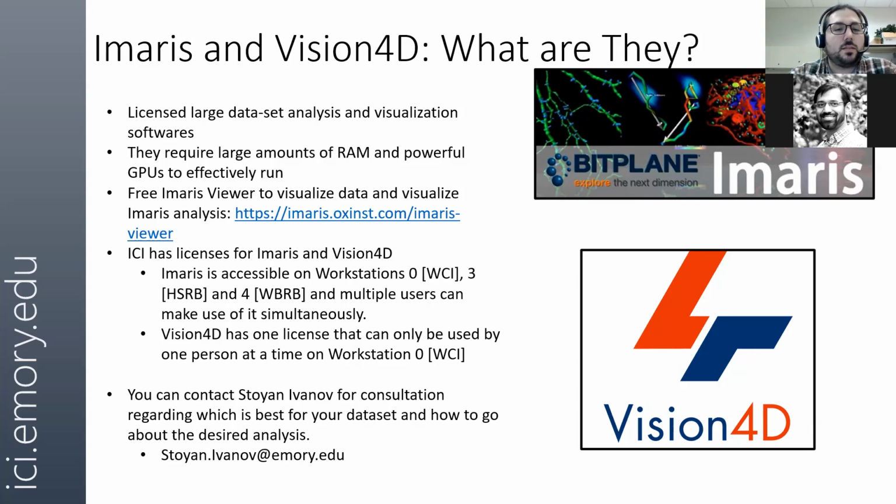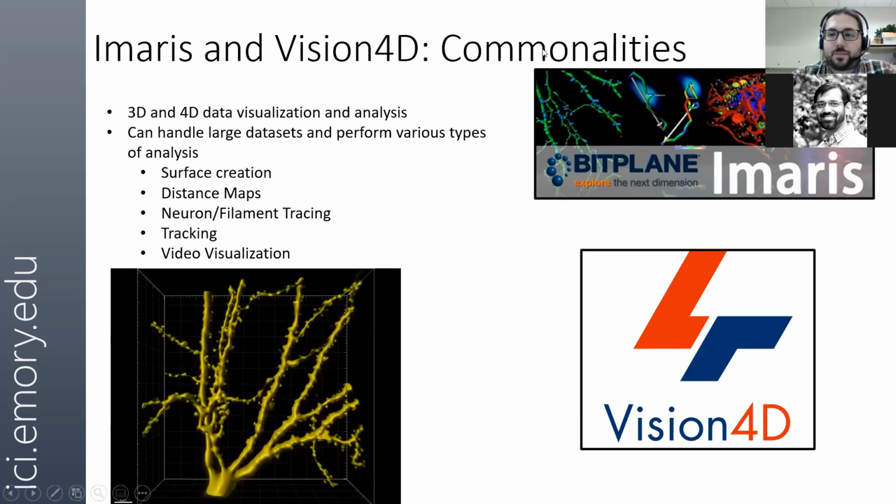So how are they the same? Well, we covered a number of these things already. They can be applied to similar types of research and similar types of shapes or structures. They can be used to track neurons or walk along the path of a filament. They can be used to track the movement of cells or bacteria with a tracking function embedded in there.